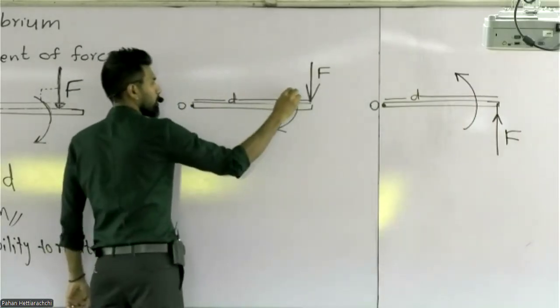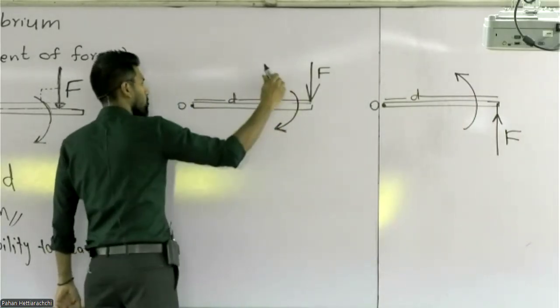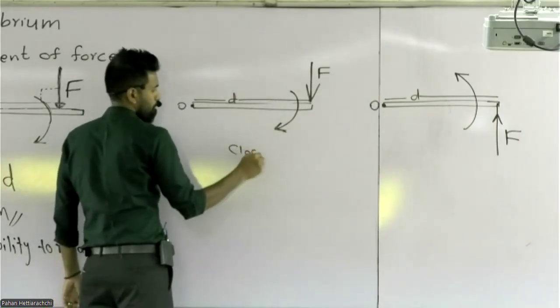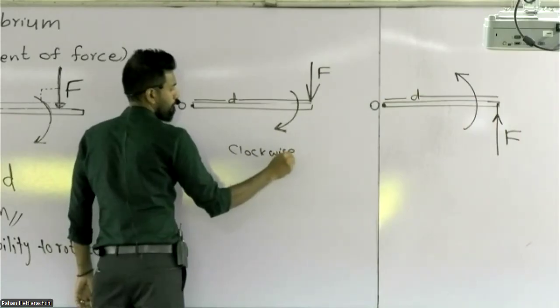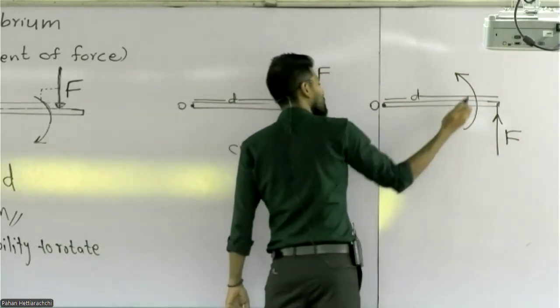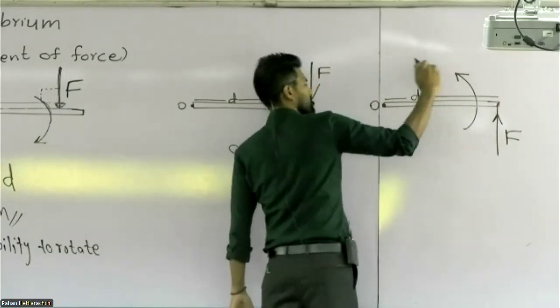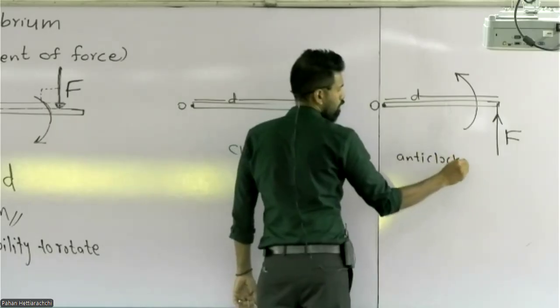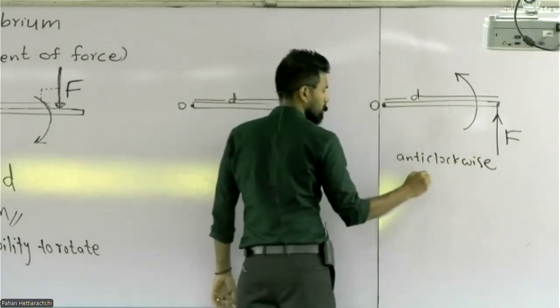So this kind of rotation is known as a clockwise rotation. And this kind of rotation, where the meter ruler is rotated to the other side, is the anti-clockwise rotation.